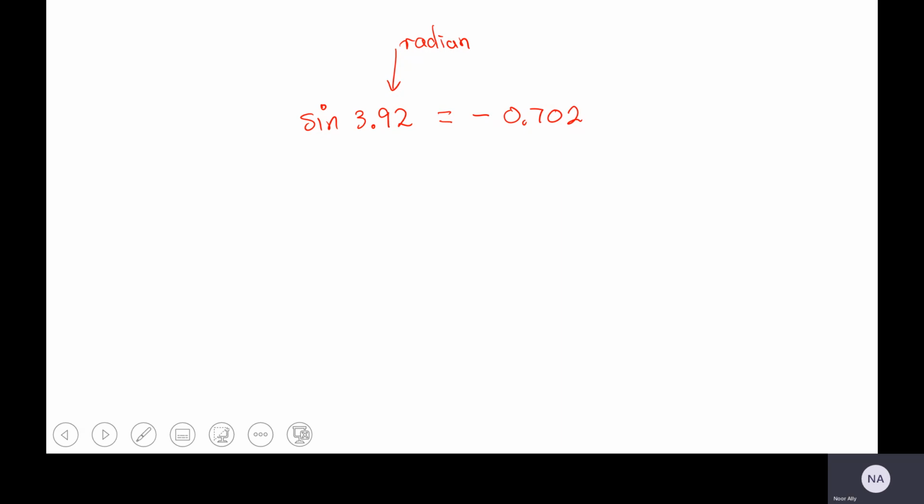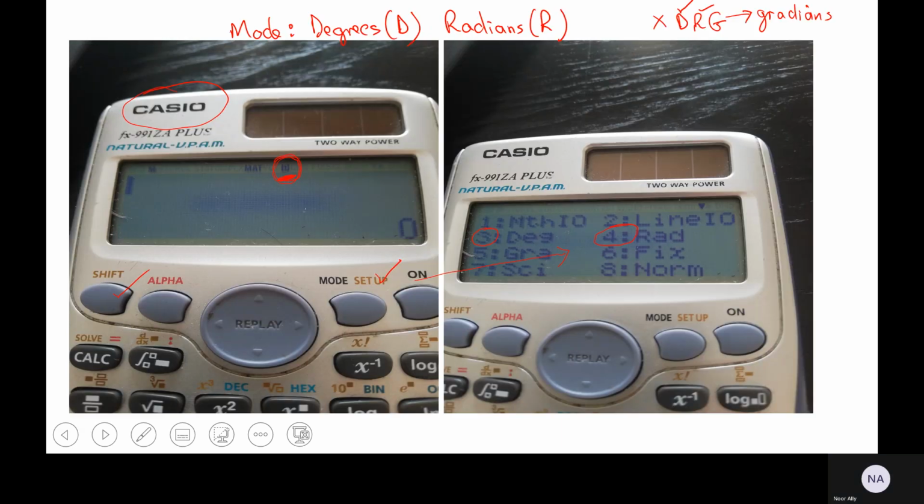Guys, I cannot overemphasize this particular lecture. If you simply ignore what we have done right now, have a look at this example.